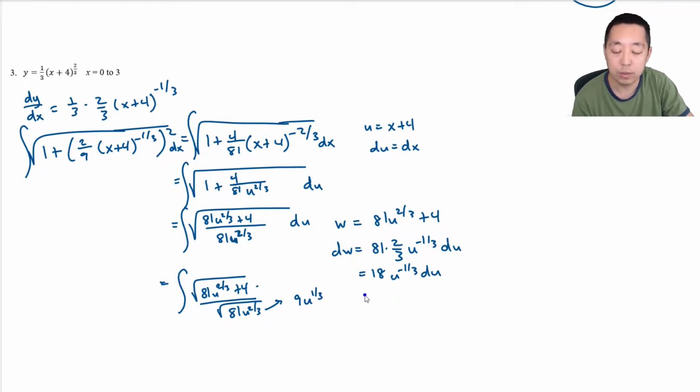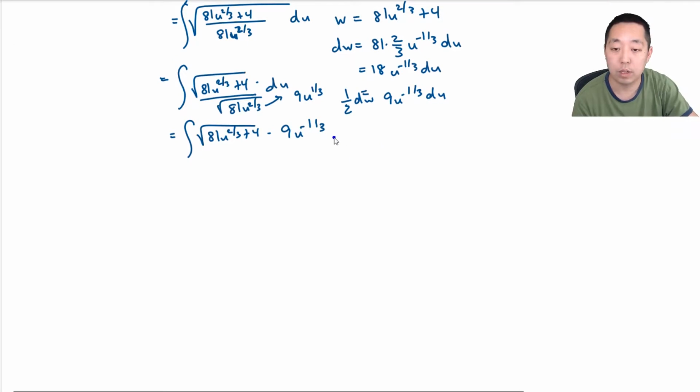And that's kind of what I have here on the denominator. So this is the integral of the square root of 81 u to the 2/3 plus 4 times 9 u to the negative 1/3, right? Because it's on the denominator. And so 1/2 dw would equal 9 u to the negative 1/3 du.